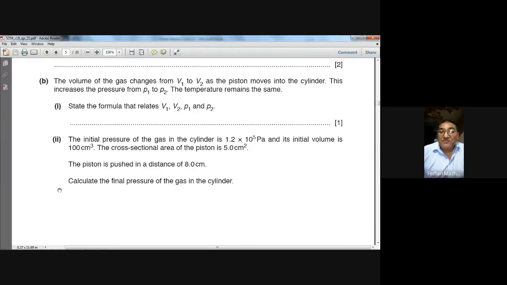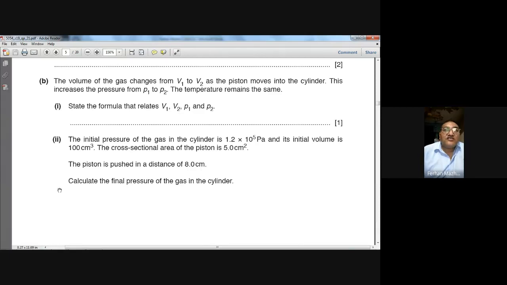The second most important thing is that the temperature remains the same. The first part, he asks you a question, state the formula that relates V1, V2, P1, P2. Underline that temperature remains the same. The formula which relates the volume and the pressure, if the temperature remains constant, is P1 V1 equals P2 V2.